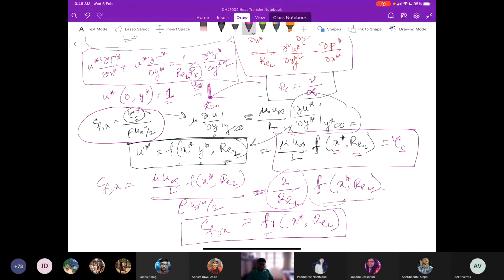So what we conclude is that the friction coefficient for a given geometry can be expressed in terms of the Reynolds number and a dimensionless space variable instead of writing a particular position.